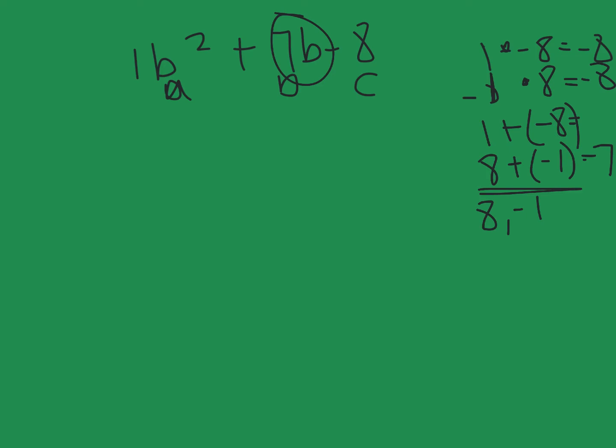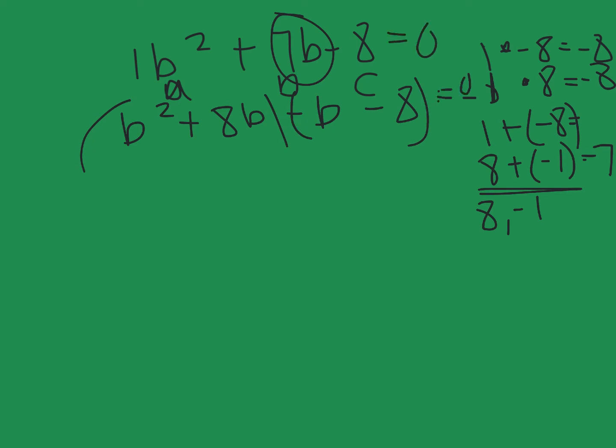So let's put it in our equation. Here we have b squared plus 8b minus b, and then minus 8. What do we do now? We put our parentheses. Remember, this is all equal to 0.